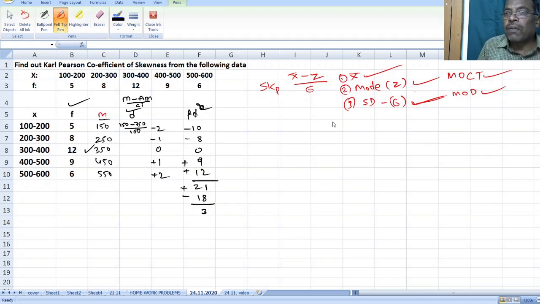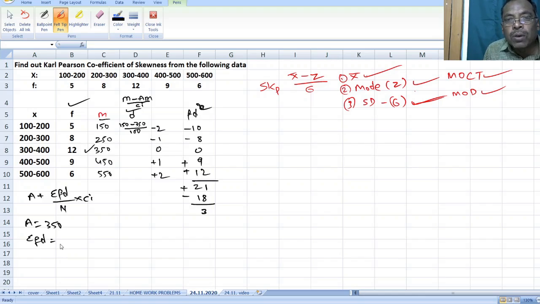Okay. So the formula to find out arithmetic mean is A plus summation fd by n into class interval. What is A? We have taken 350 as assumed value, so that is A. Next, what is summation fd?